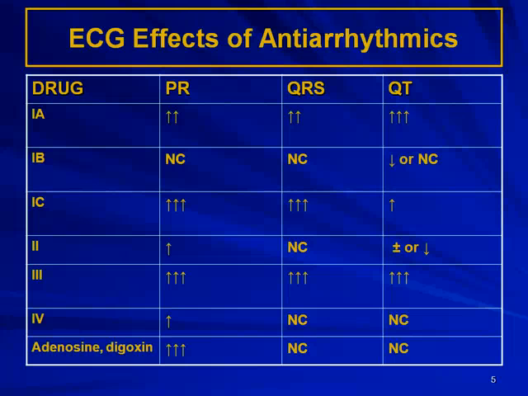Now, having said that, beta blockers, in part because of their effect on rate, may actually shorten the QT interval as well. So again, it's important to have a good understanding of what each class of antiarrhythmic drug does in terms of its effect on surface electrocardiographic intervals, and this table helps you understand those effects.